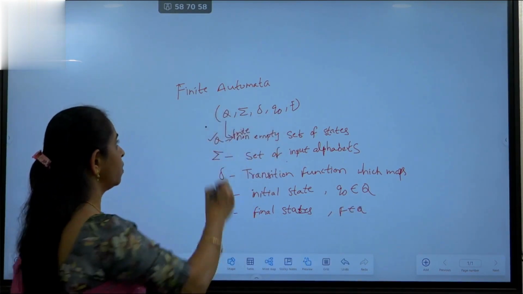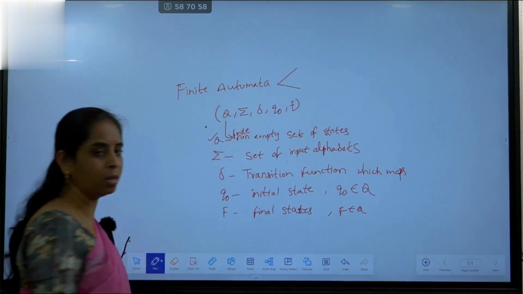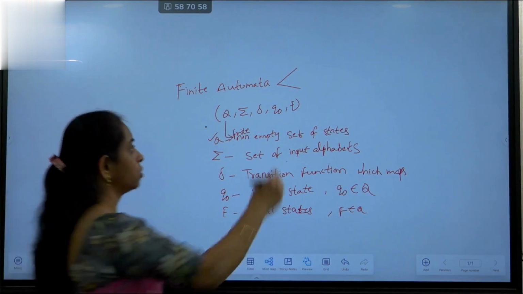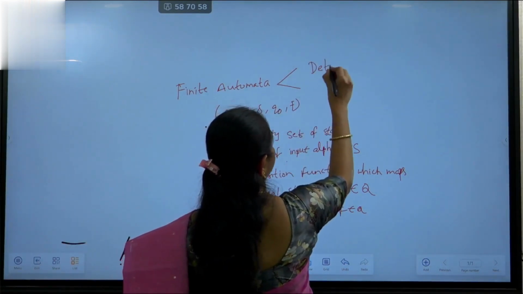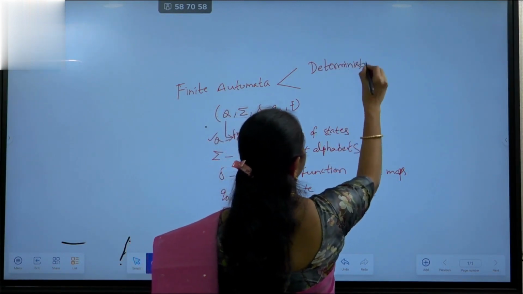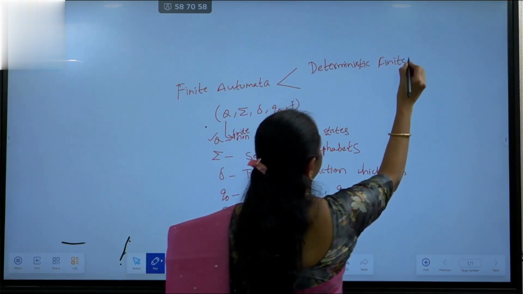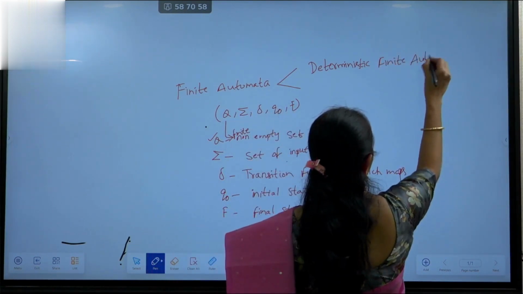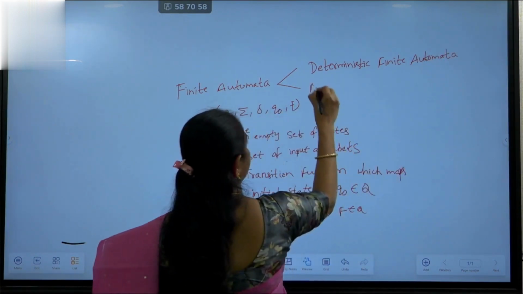In finite automata without output we have 2 types: deterministic finite automata and non-deterministic finite automata.